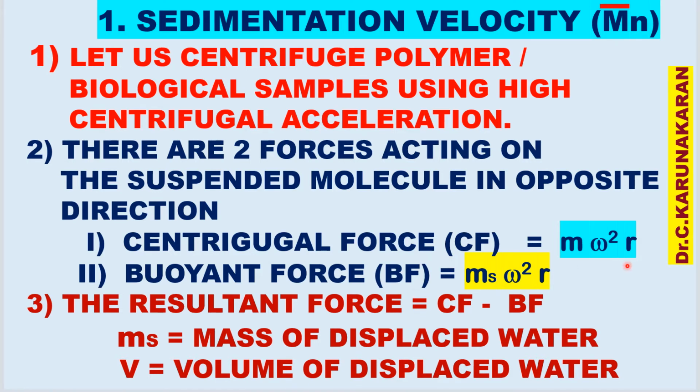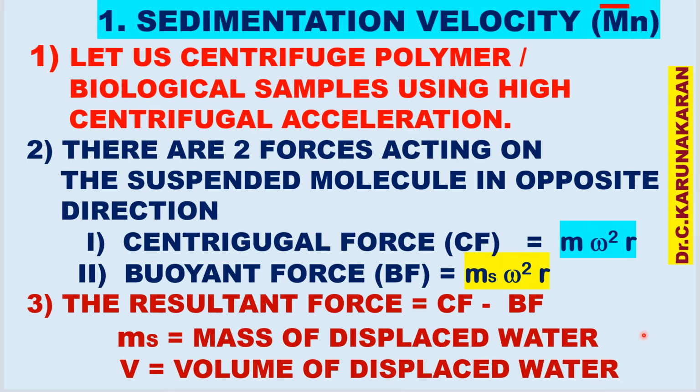The centrifugal force is given by m omega square r, whereas the buoyant force is given by ms omega square r, where ms is equal to the mass of displaced water. When the polymer molecule is pushed down, the solvent molecule is pushed up.